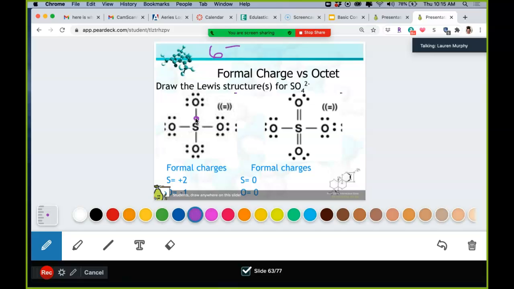You only count 1 from the bond, 2, 3, 4. Like for this oxygen right here, oxygen has 6 according to the periodic table, minus we've given it 1, 2, 3, 4, 5, 6, and then you only count 1 from the bond, 7. And so that's a formal charge of -1 on this oxygen.